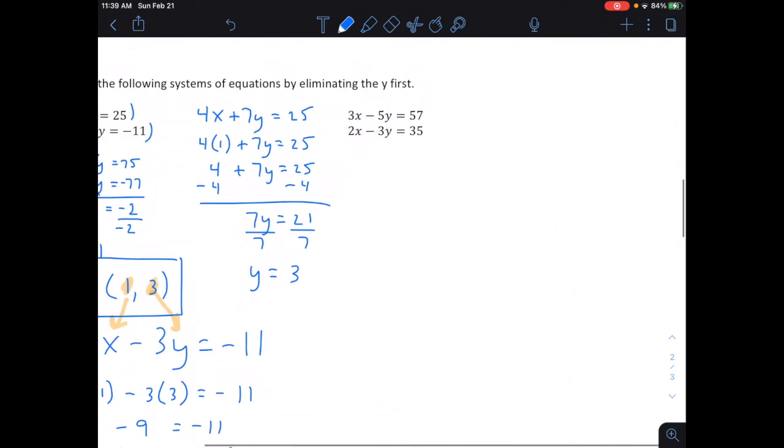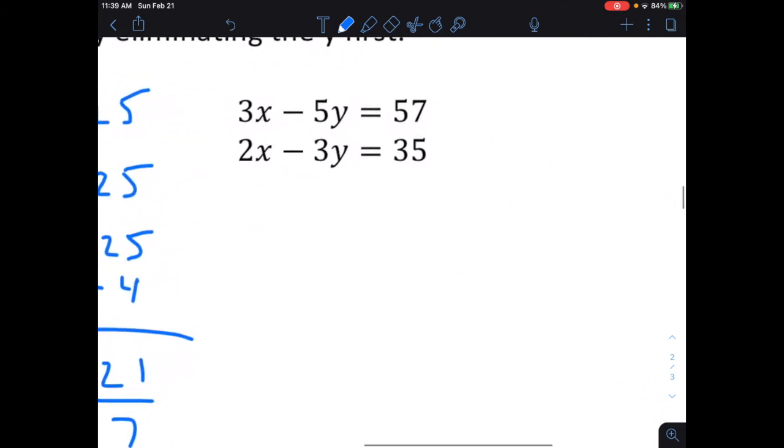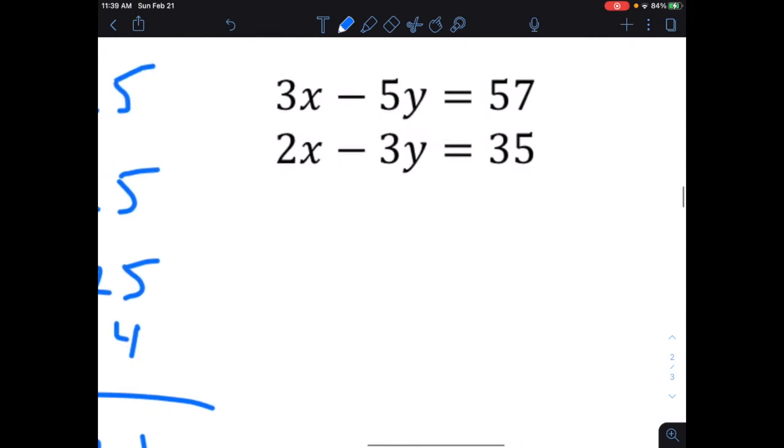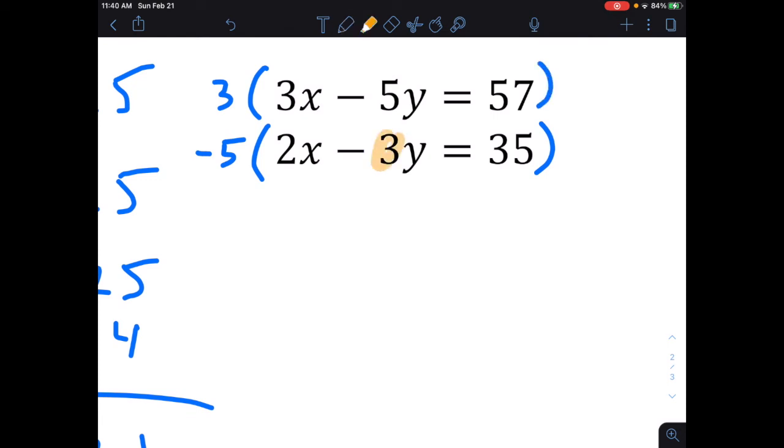All right, one more. We're going to eliminate that y first. Ooh, they're both negative. That just means we have to multiply one equation by a negative number and one by a positive number, and it doesn't really matter which one. However, I'm going to multiply the bottom by a negative and the top by a positive.